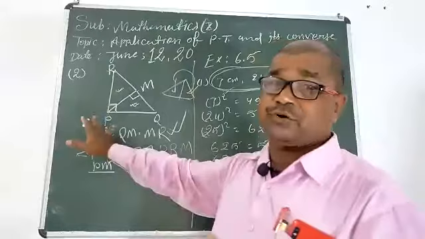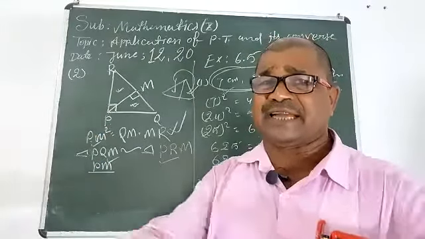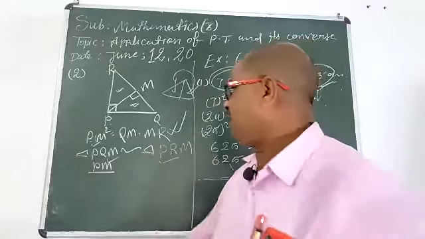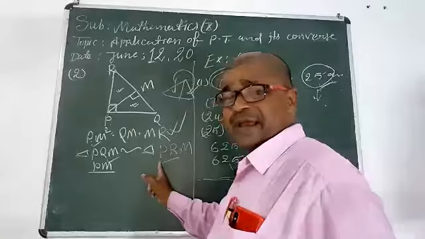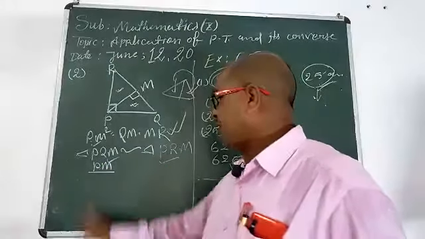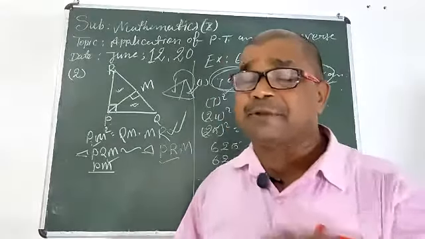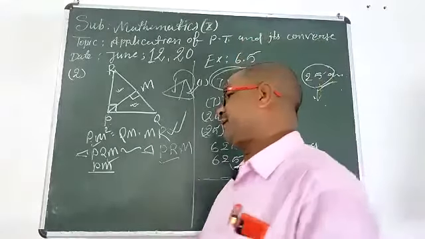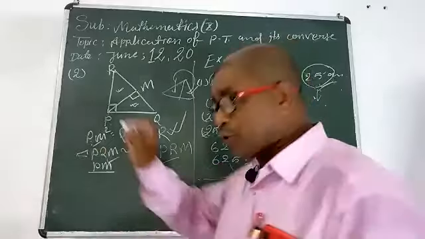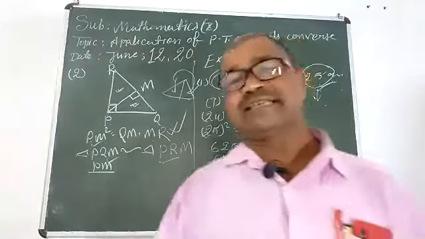If they are similar, then how can we adjust the name of these two triangles? In this way. You should adjust the name of these two triangles, then write the ratio because their sides are proportional. If the triangles are similar, then you should do the cross multiplication and go there. Very simple then.